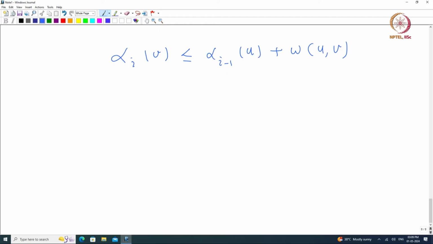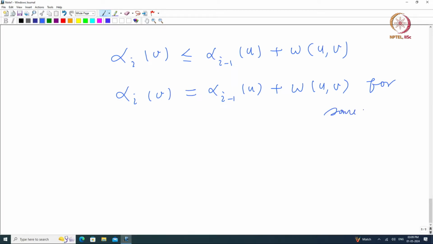Not only this, you also have the following fact: alpha I V is equal to alpha I minus 1 U plus weight of UV for some edge UV.